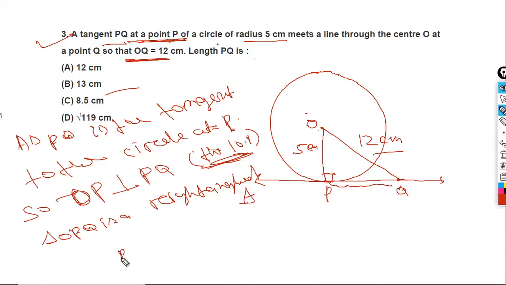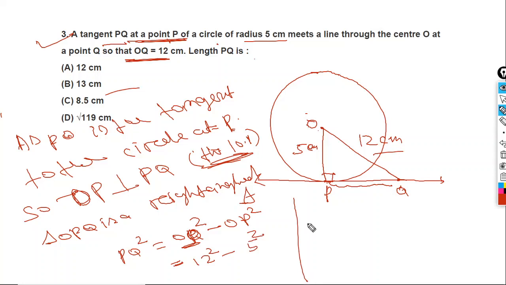So you can write PQ square will be equal to OQ square minus OP square, which will be equal to OQ is your 12 square minus OP is your 5 square.